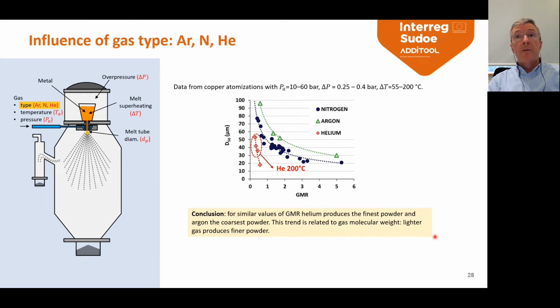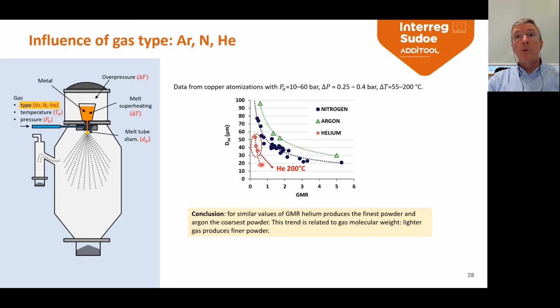Also, the type of gas: how does it influence the kind of powder you obtain? We have here a number of atomizations, and we compare nitrogen, argon, and helium. And if you compare the powder size for similar values of GMR, you can see that, for instance, these dots of helium are way below what we obtained with argon and nitrogen.